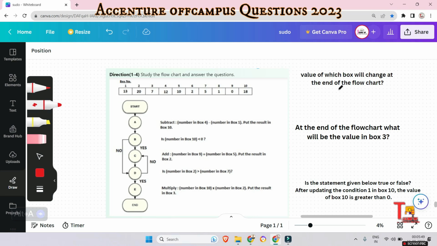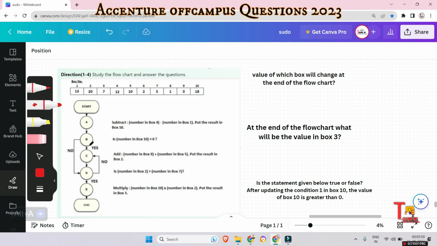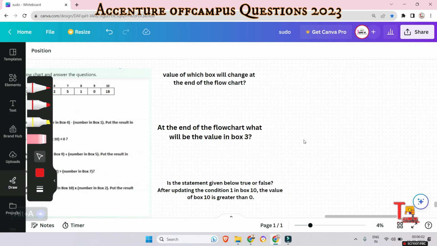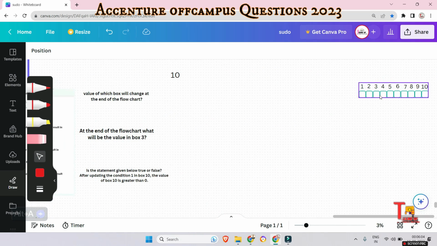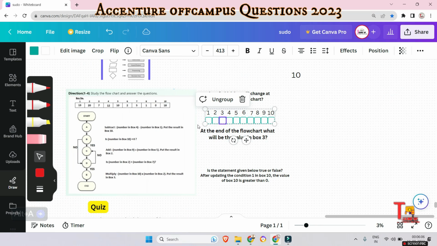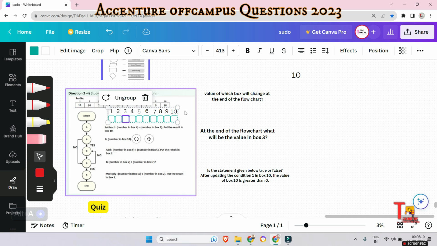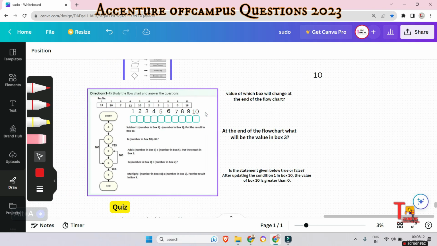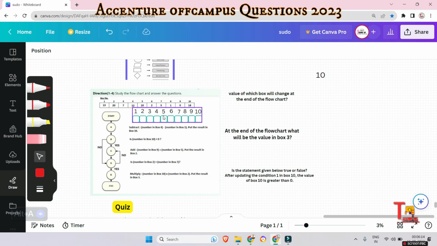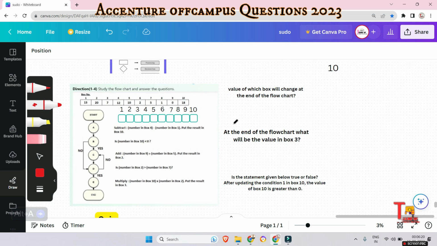So I think there will be changes in the boxes, so we have to create a new box here and put all the values in it so that it will be easier to solve.